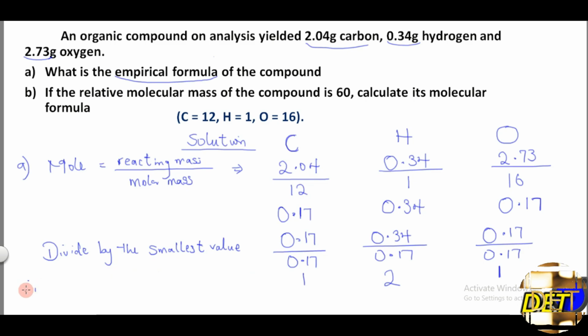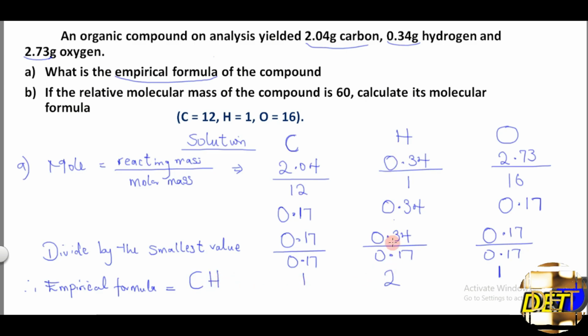So therefore, the empirical formula of this compound is equal to C1, which is carbon. That means carbon contains one atom. C1 is still the same thing as your C. We don't write 1 because 1 is an insignificant number.